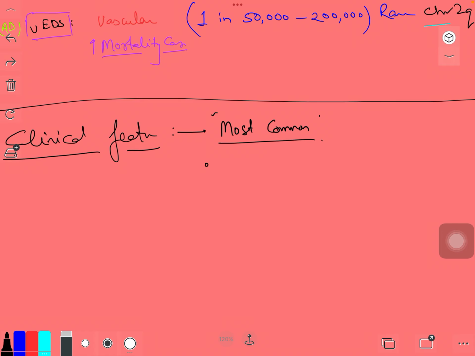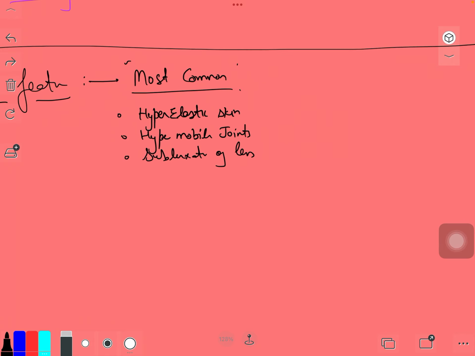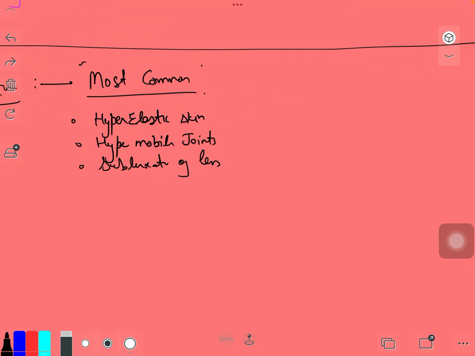So in all of them, at least 3-4 things remain constant throughout the types. So hyperelastic skin, hypermobile joints, right? There can be subluxation of lens, and because of that the patient will have other symptoms.